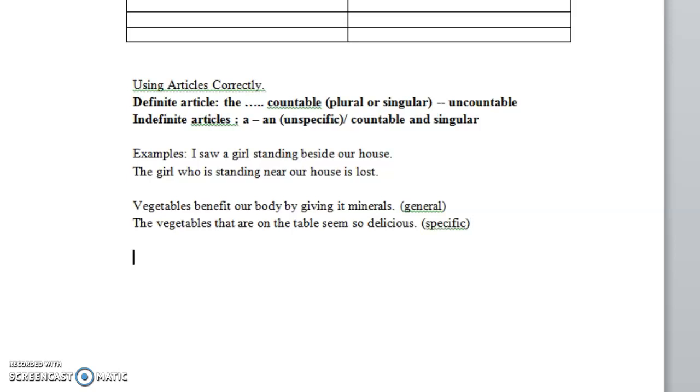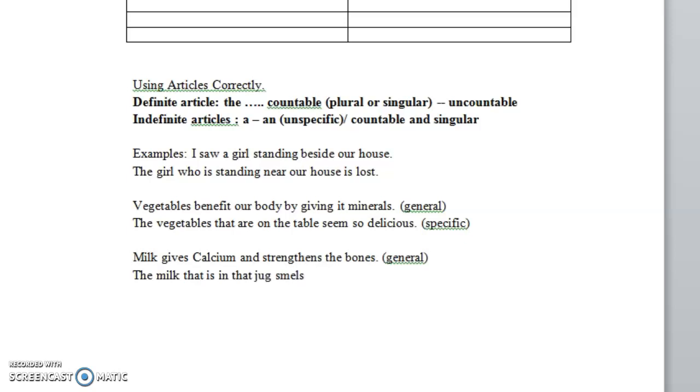As for uncountable, milk gives calcium and strengthens the bones. So this is general. It's milk in general. So we cannot use anything. But the milk that is in that jug smells bad.